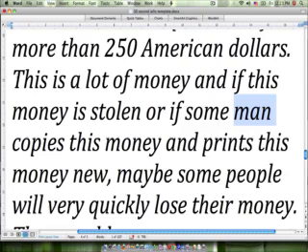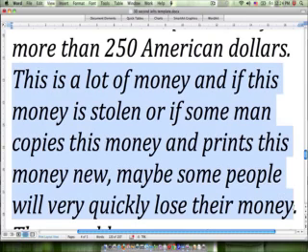Okay, now I would like to be able to correct this sentence, but I think we're just going to have to write a completely new one. Let's keep some ideas though. The student mentions if the money is stolen or if the money is copied. So for example, if the money is counterfeited, if copies are made and distributed, then people could lose money quickly. And that's only because the denominations of money are very high.